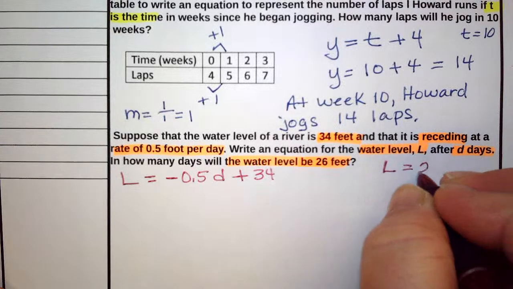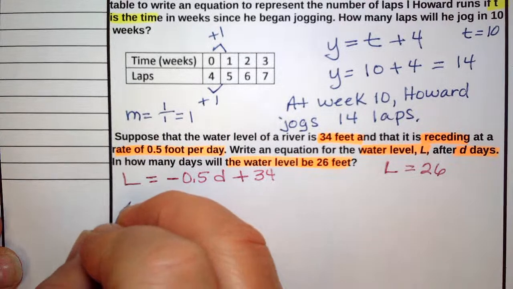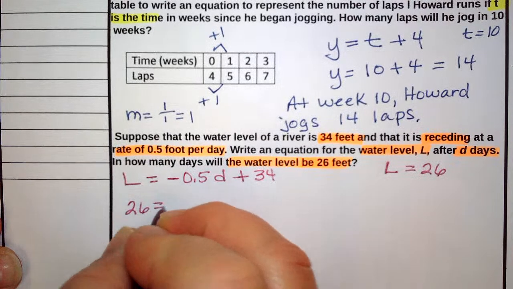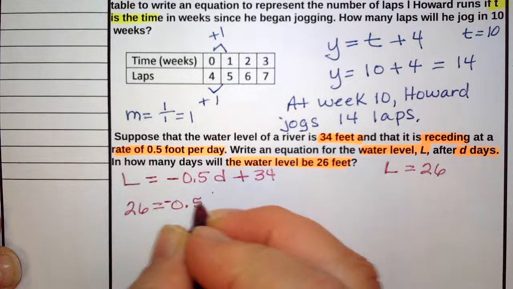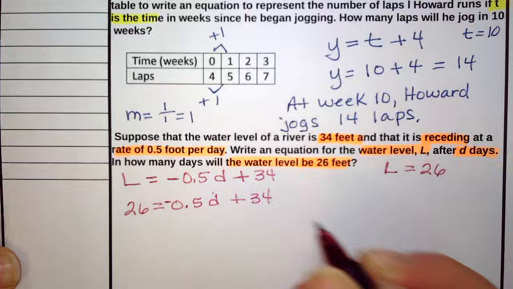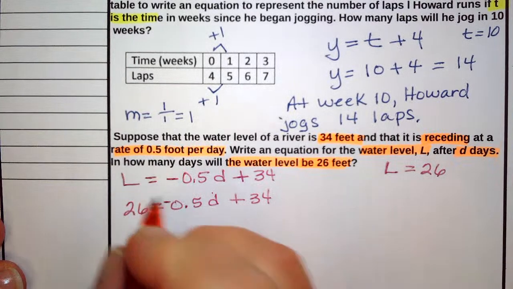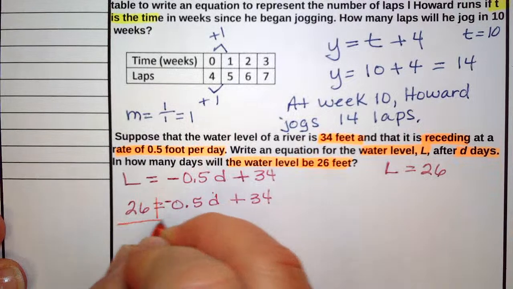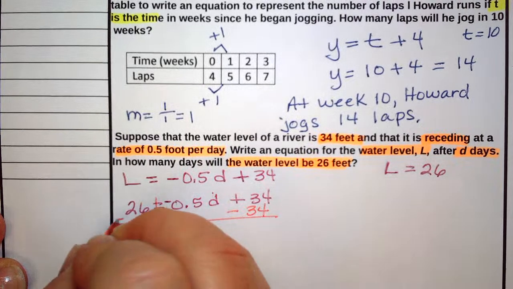L is equal to 26. Plug and chug. So 26 is equal to negative 0.5 D plus 34. Step 1. I'm going to start by subtracting 34 from both sides.